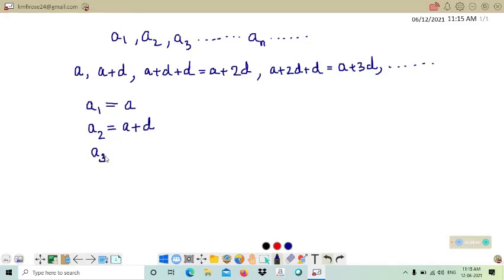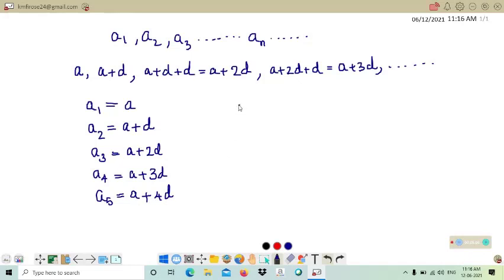Then a3 is equal to a plus 2d. Then a4 is a plus 3d. Then what will be a5? It will be a plus 4d.